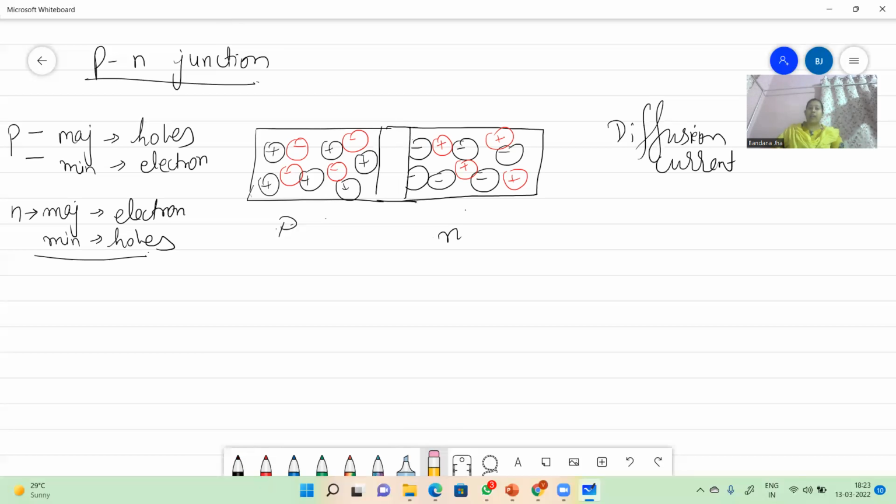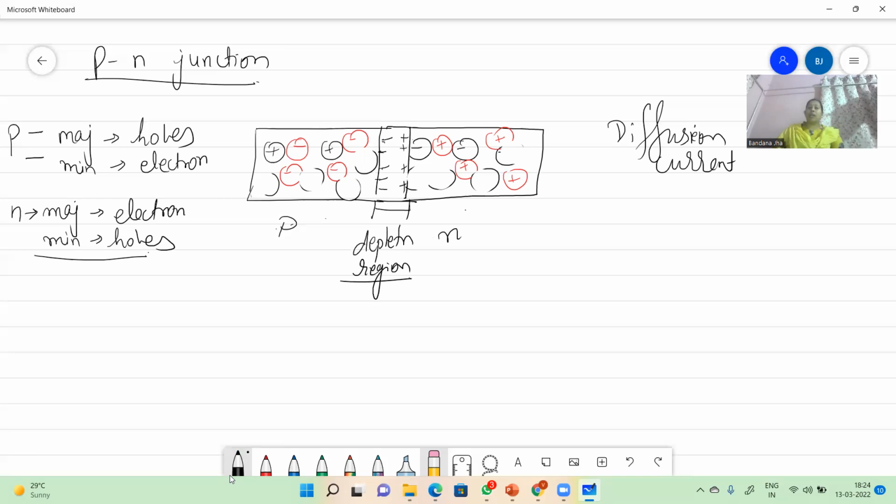Electrons start moving, holes start moving. Here the holes try to attract and here the electrons try to attract. Because of that, here becomes what? My depletion region. It creates a depletion region. So there is a potential difference between them.